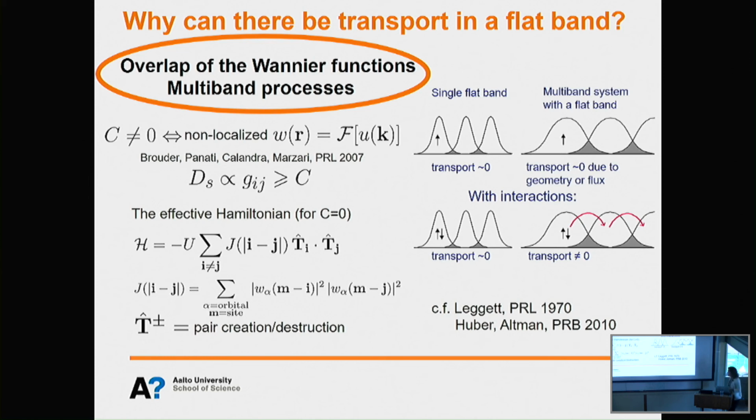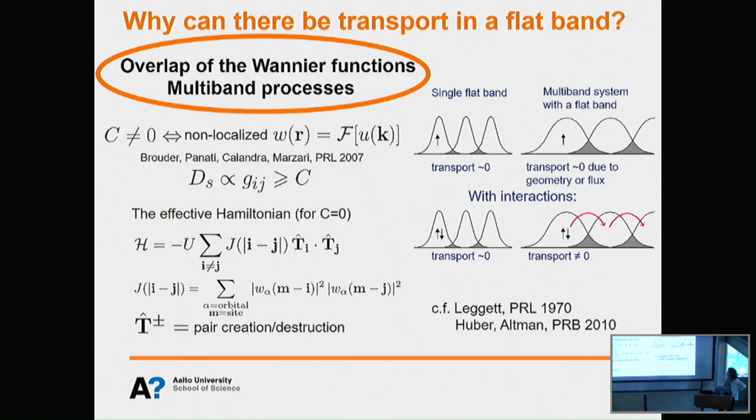And mathematically speaking, it's now easier maybe to understand the connection to the Chern number and so on, because it has been shown that if you have non-zero Chern number, then your Wannier functions cannot be localized. So this somehow guarantees this overlap of Wannier functions. These topological properties guarantee that, and that's needed.